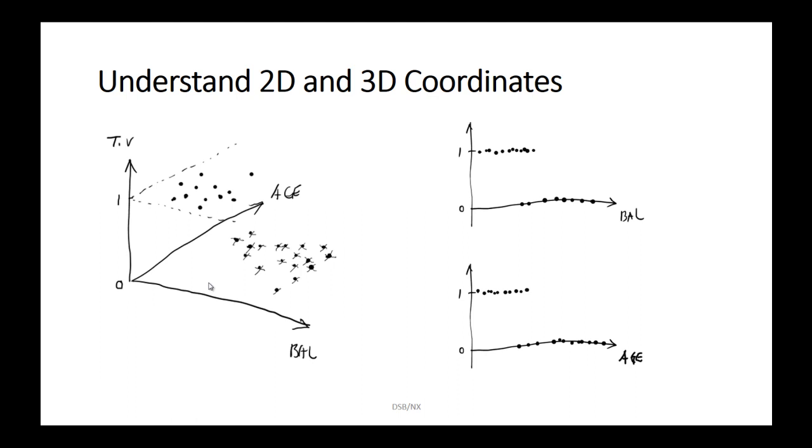Similarly, if we look through this 3-dimensional elevator from an angle that's parallel to balance, this direction, we will see something like this graph on the bottom right, i.e. a 2-dimensional scatter plot between, again, the target variable and one of the attributes. In this case it is the H.